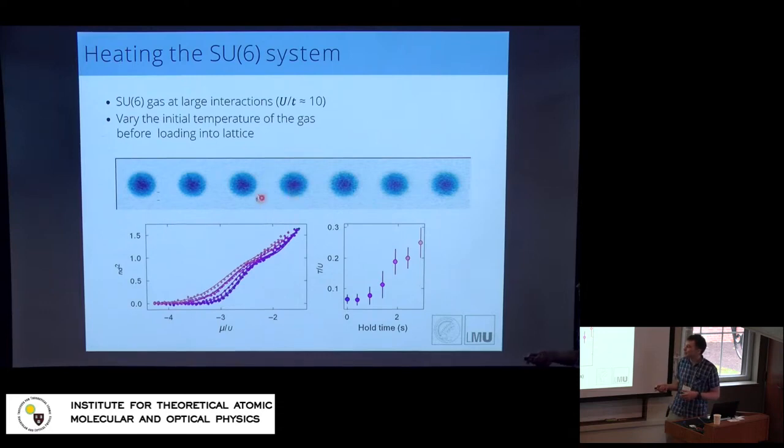And we can then see how the heating also changes the in-trap temperature that we measure. No surprises there, but you can see that the theory matches this, and in fact we get better matching between what we measure and the theory for higher temperatures so far.